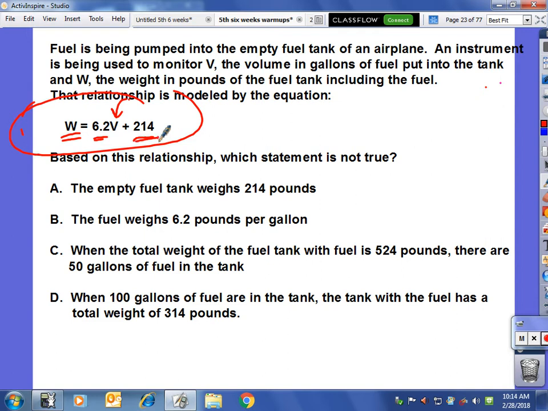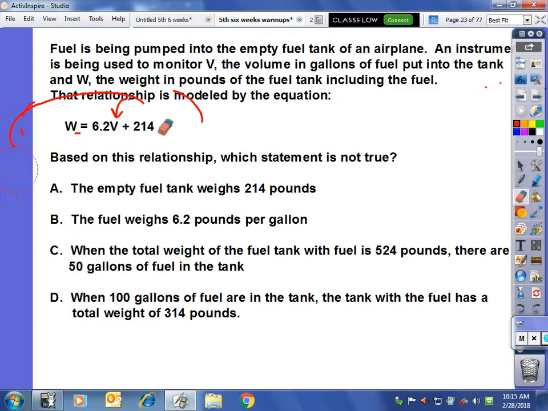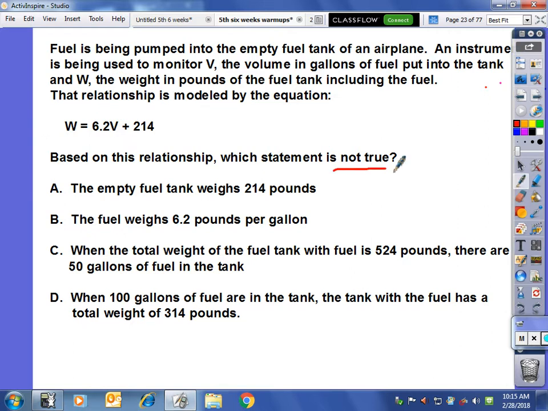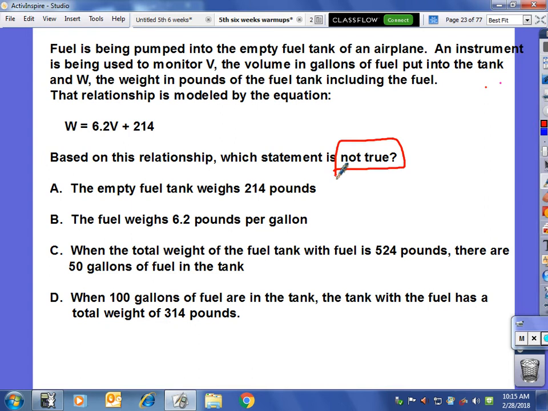That was the weight of the truck before we started putting in... Airplane, that's what I said. Airplane, that is the weight of the airplane before we started putting in fuel. So which one of these is true? Oh, I'm sorry. Look, which one is not true? So we were wrong. Which one's not true?